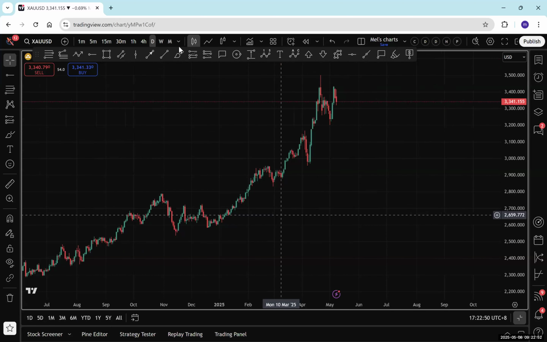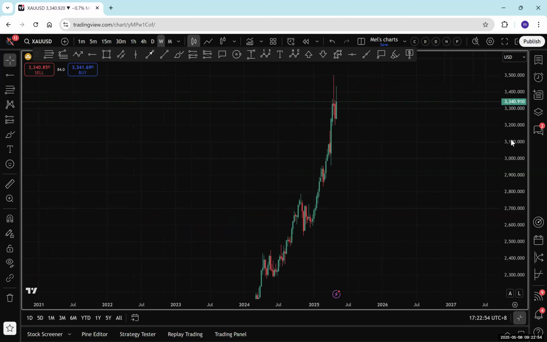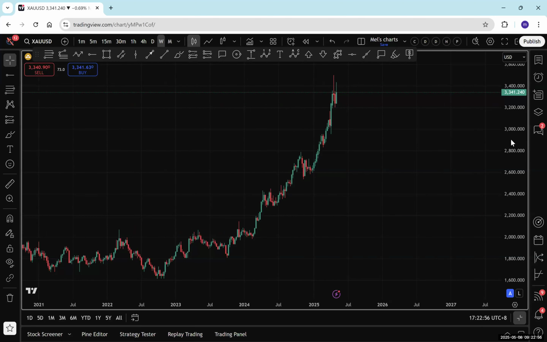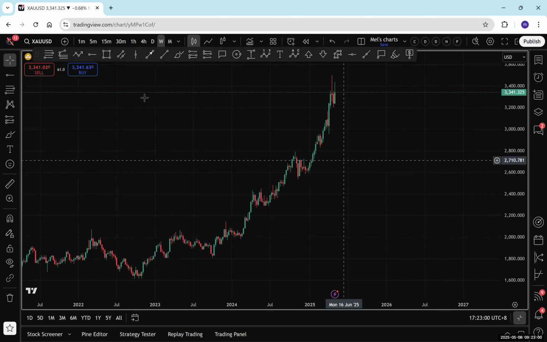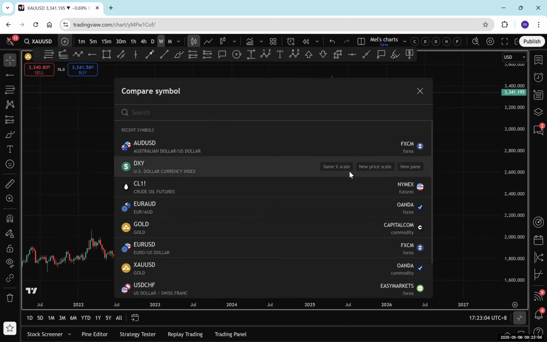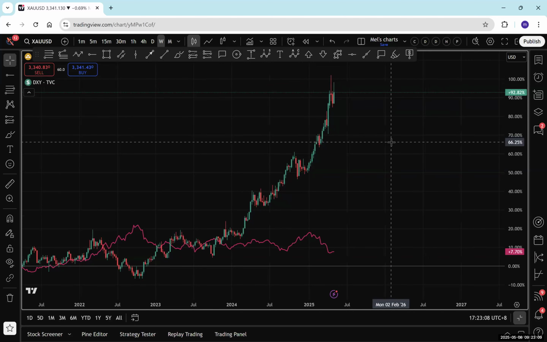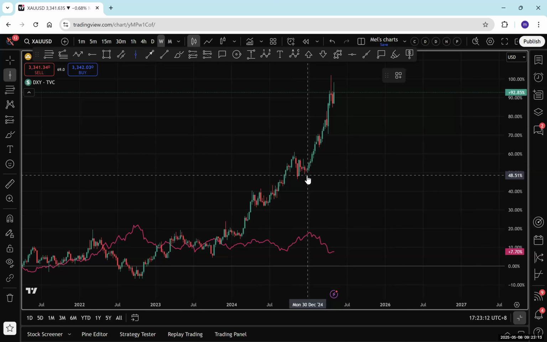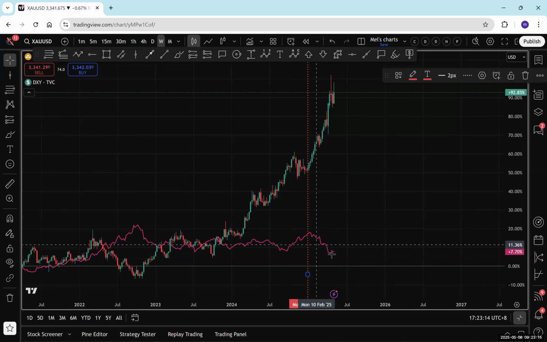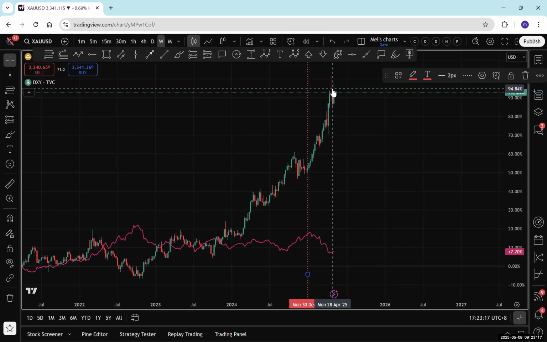Okay, so on gold, it's giving us a pretty bullish signal here. Gold is commonly, not always, but commonly inversely correlated to DXY. So if you compare on the same price scale, you can see prices recently dropping and prices of gold going up.